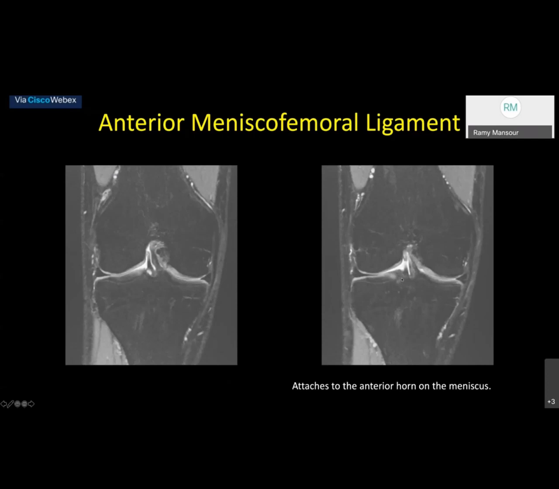The importance of this is to know about it and not be confused or overcall ACL tears. By simply following this ligament, you will know what you are dealing with, whether this is an ACL tear or just a simple anterior meniscofemoral ligament. Again, there is no known role for this type of ligament. It's just to know that it can exist, and sometimes it can be confusing.